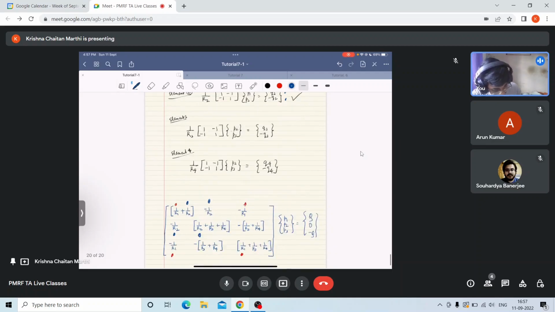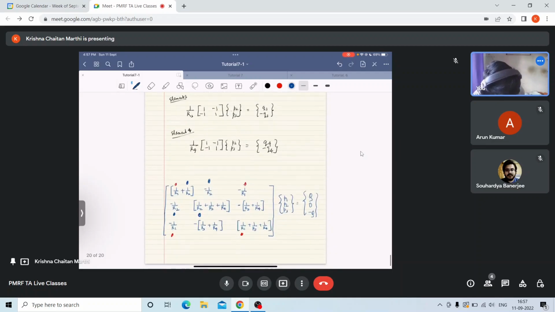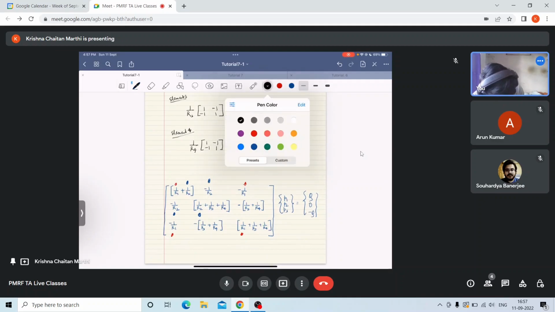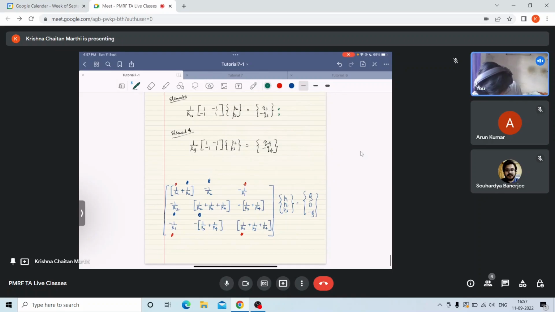Now for element 3 I have 1 by r3 p2, which I represent with green color, minus 1 by r3 p3, and this is minus 1 by r3 p3, and this is 1 by r3 p3.